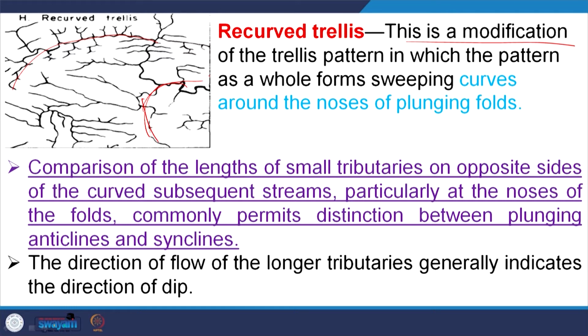Comparison of the length of small tributaries on opposite sides of the curved subsequent streams, particularly at the nose of the fold, commonly permits distinction between a plunging anticline and syncline. So from the drainage pattern of this curved trellis, you can distinguish whether you are dealing with a plunging antiform or a plunging synform. The direction of flow of these longer tributaries generally indicates the direction of dip, or you can say the direction of plunge of this fold.